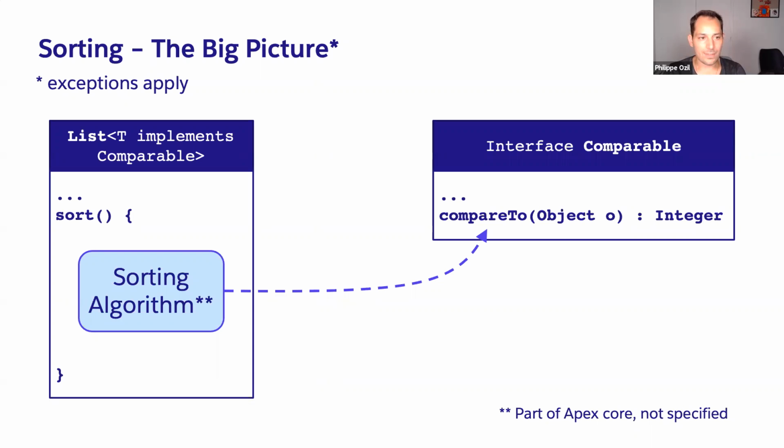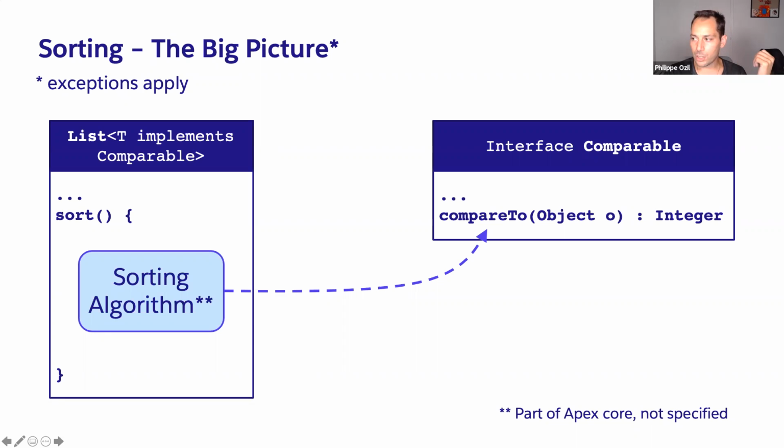We're going to see next that some objects do not actually implement Comparable, but can still be sorted in a list. Also, another important part: the sort function that is part of the list works as a black box. There is a sorting algorithm behind it, which allows us to sort elements from the list.